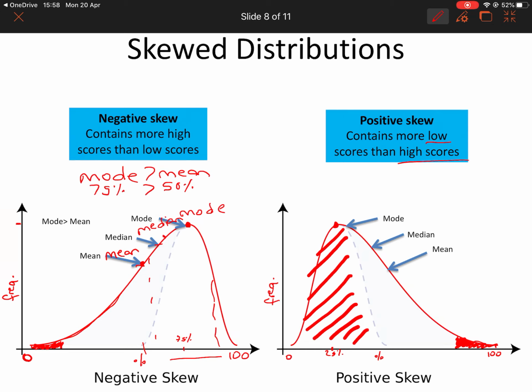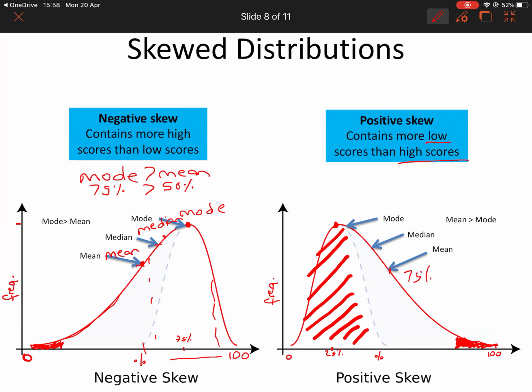And so they're creating a higher class average than perhaps it would look like when we were considering the mean and the median. So in a positive skew, our mean is always higher, say 75%, than our mode at 25%.